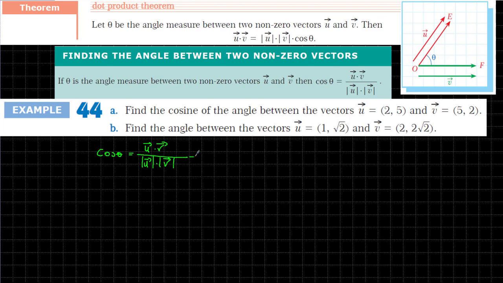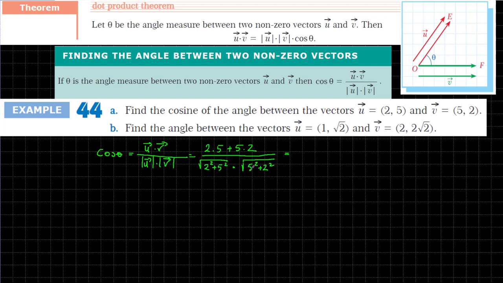So it's equal to 2 times 5 plus 5 times 2, all over the square root of 2 squared plus 5 squared, times the square root of 5 squared plus 2 squared. This is the length of the v vector. It is not plus, I'm sorry, it is times again.